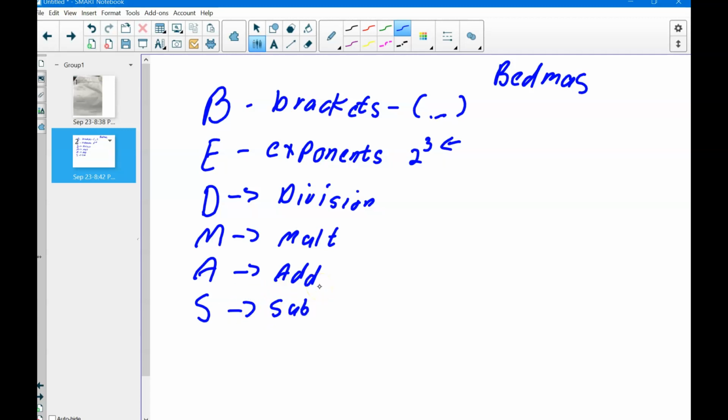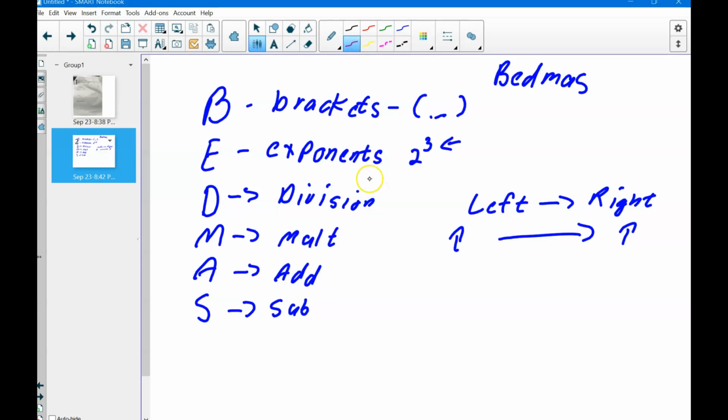This has to be done in this order, and you always have to go from left to right, all the way over to here.